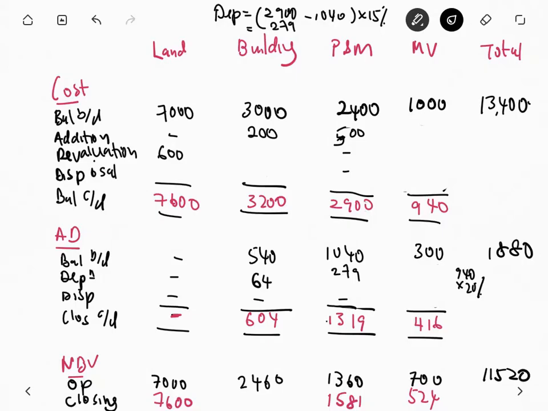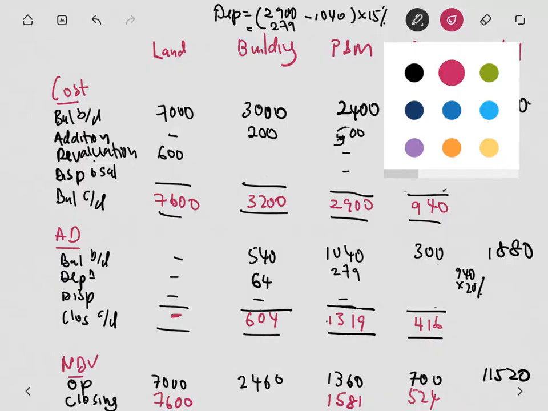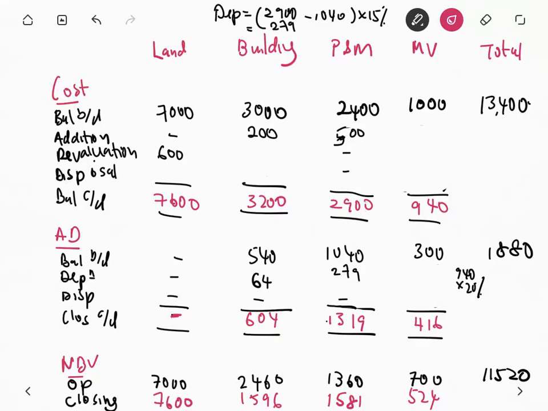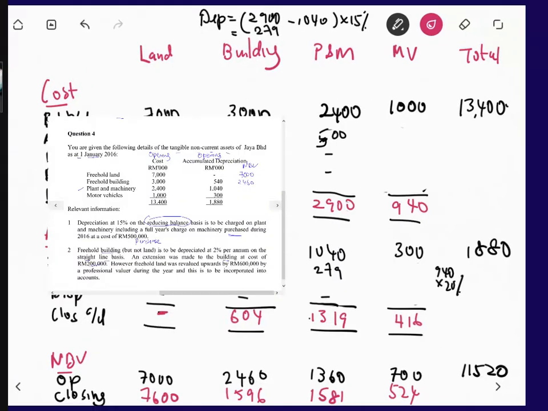Add to your accumulated. So 604. What is my closing net book value, closing cost, closing net book value? 1,596. Is it okay?